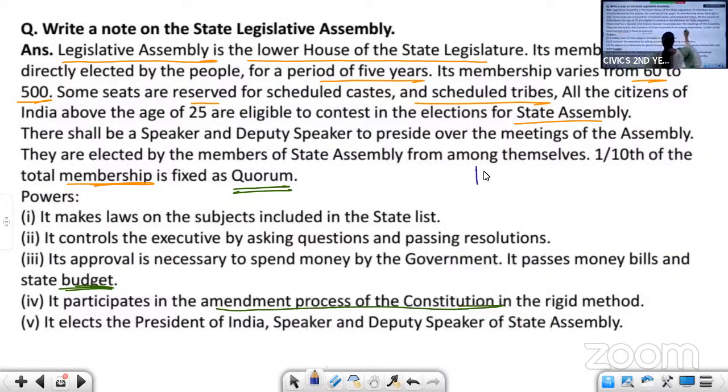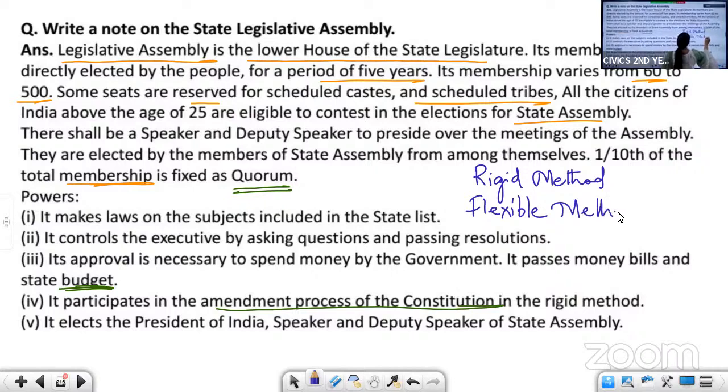We have the rigid method, the flexible method, then we have quasi-rigid and quasi-flexible method.